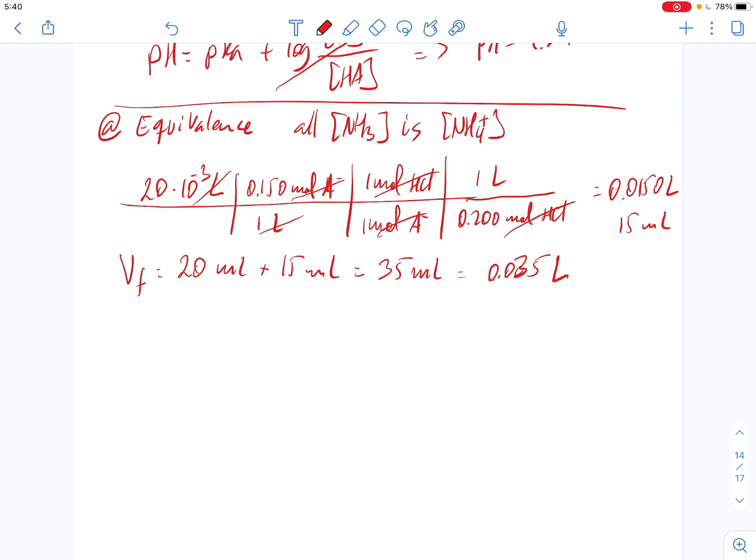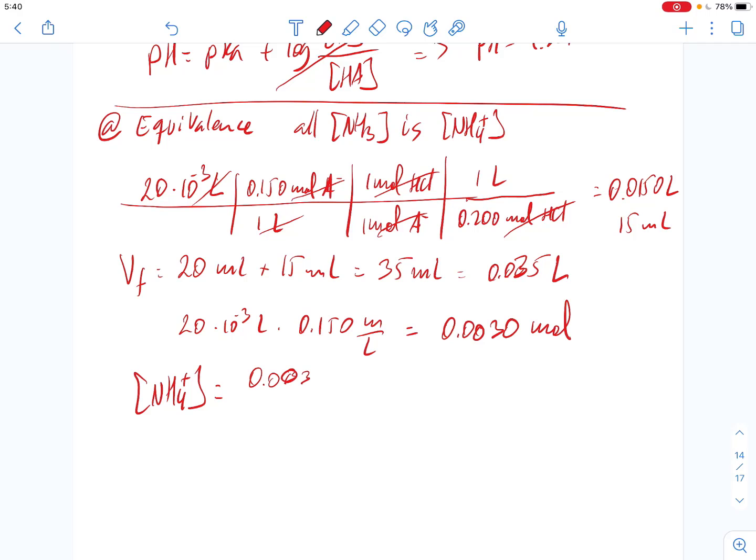You had 20 × 10^-3 liters times 0.150 moles per liter, and this is 0.0030 moles. So your new concentration of NH4+ is equal to 0.0030 divided by 0.035, and this is equal to 0.0857 molar.